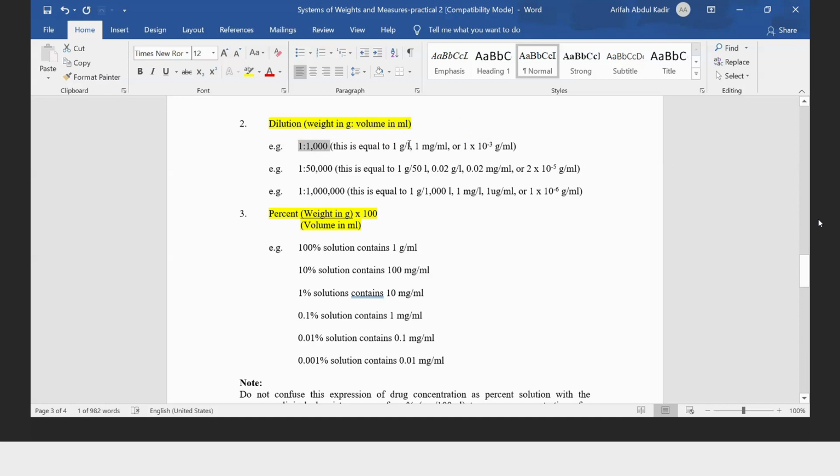Do you agree with me? Yes. You just convert the 1000 ml to liter, 1 liter, you get 1 gram per liter.